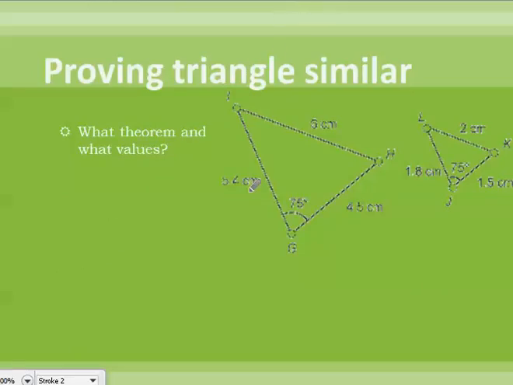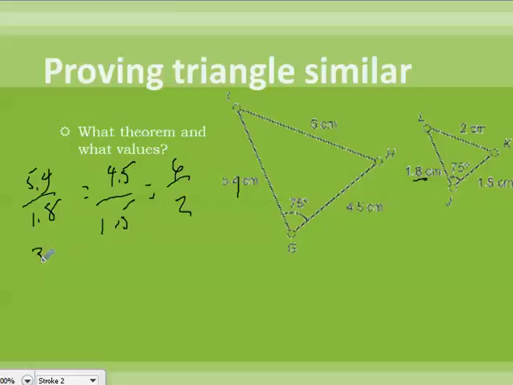If I'm trying to prove triangles similar, I've got to set up the ratios. This is actually a 5.4. So 5.4 divided by 1.8, the similar side over here. Is that equal to 4.5 divided by 1.5? Is that equal to 6 divided by 2?